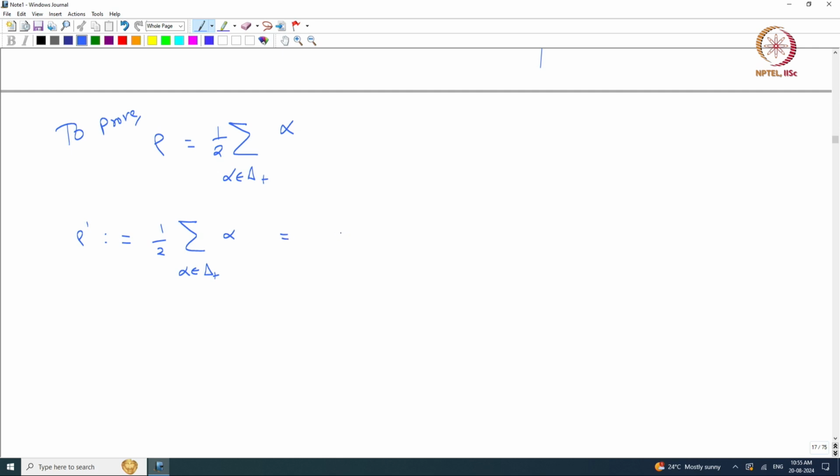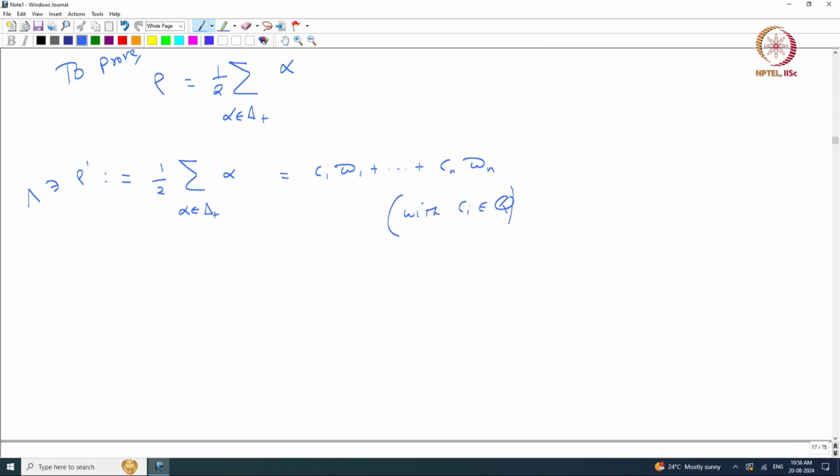Now you can easily see that this is going to be in the weight lattice. So, this will be written as some c_1 omega_1 plus etcetera c_n omega_n. That is for sure with c_i coming from Q, because everything is integral. So, when you invert, you can only get rational coefficients, you do not need to go beyond that.